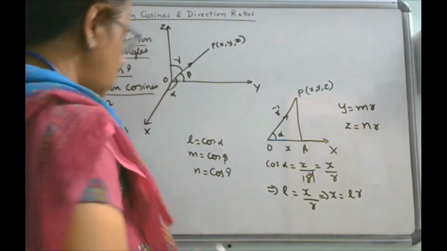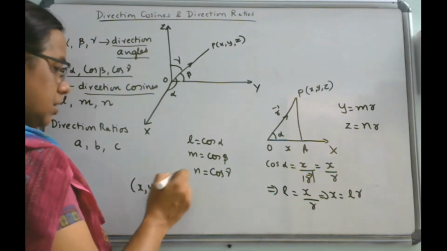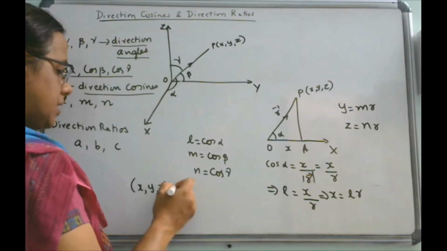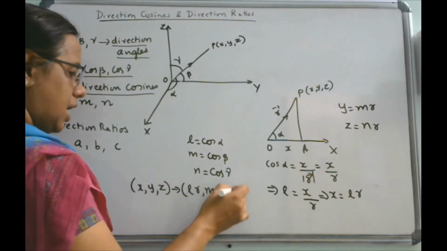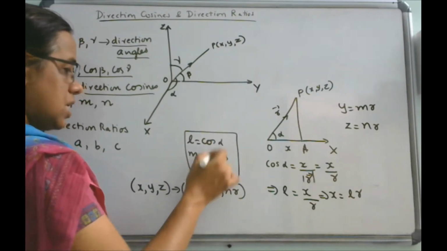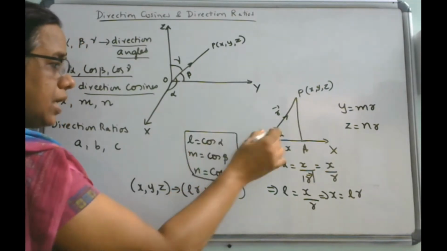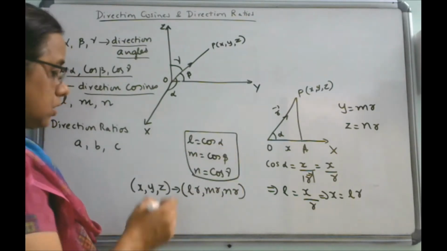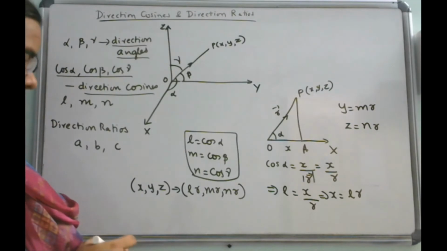So the coordinates x, y, z in terms of the direction cosines as well as the length of the vector will be of the form Lr, Mr, Nr. Remember, L, M, N are the direction cosines, meaning cosines of the angles made by the vector OP with the positive direction of x, y and z axis.